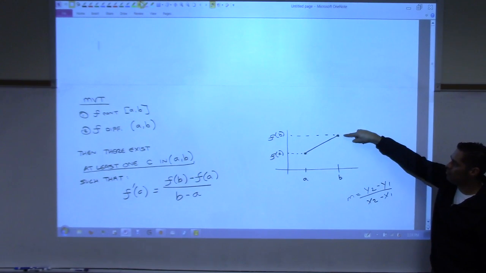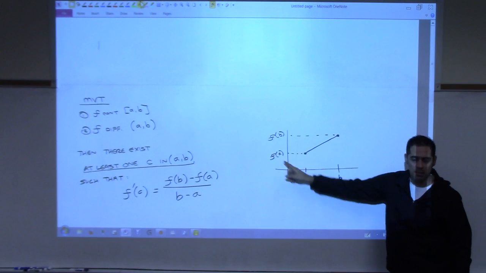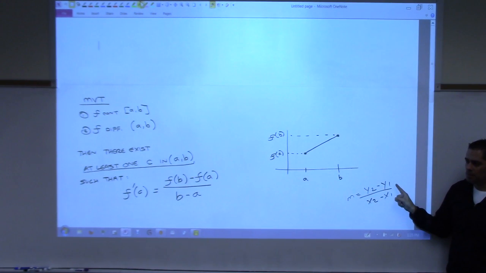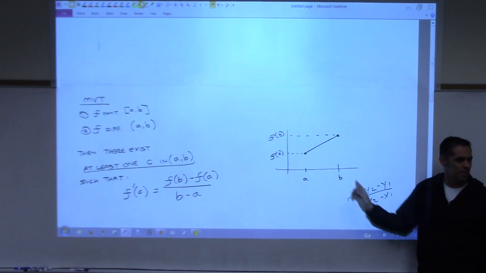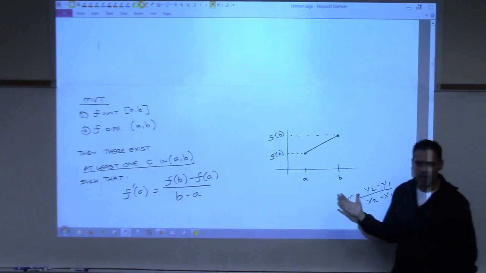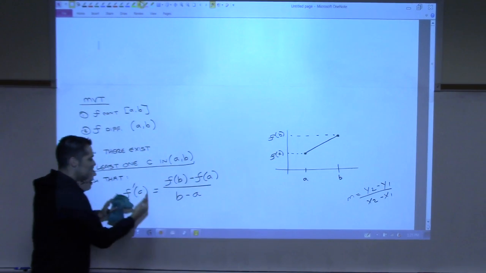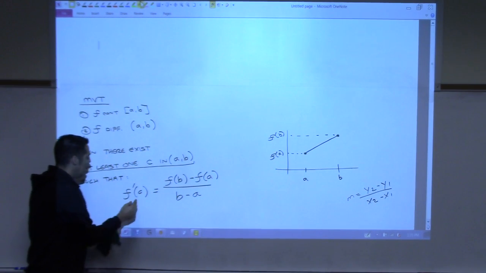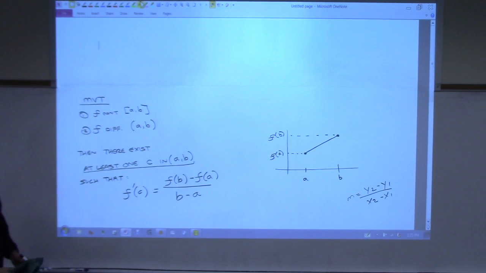So the y2 is f of b, the y1 is f of a, so that's this minus this, over x2 minus x1, b minus a. Do y'all see that's all that is? It looks ugly, but that's the slope of the secant line. It must be equal to the slope of the tangent line at some point c. It has to be there. All right? Questions?